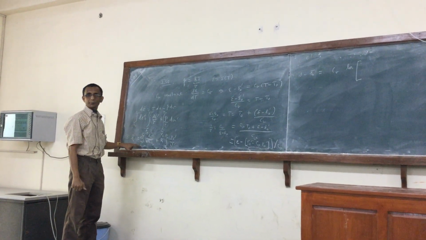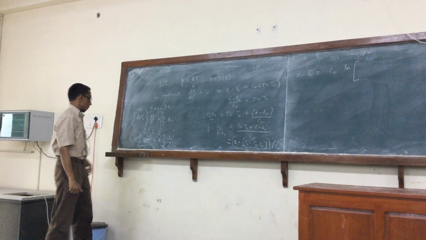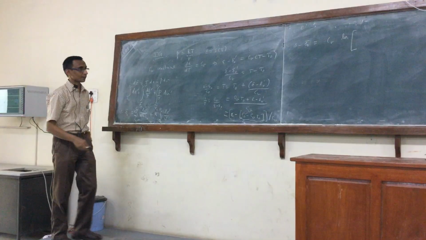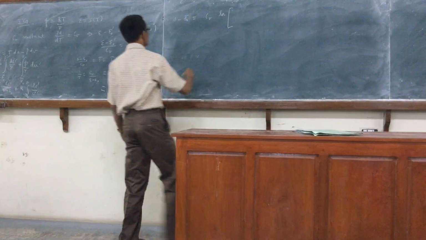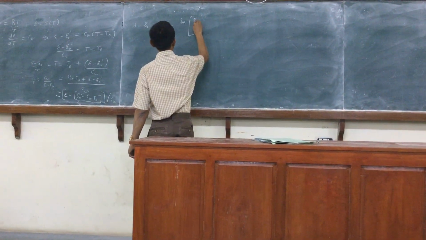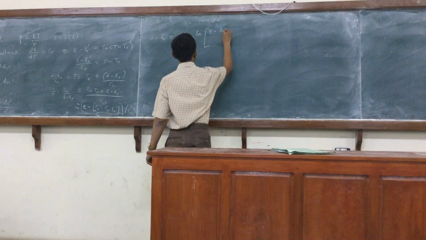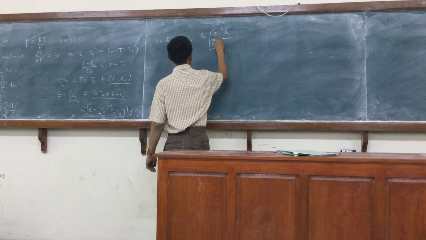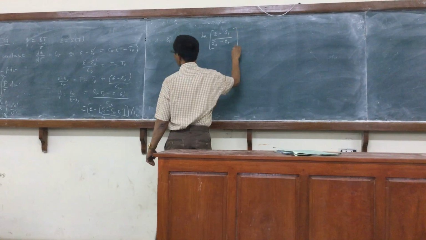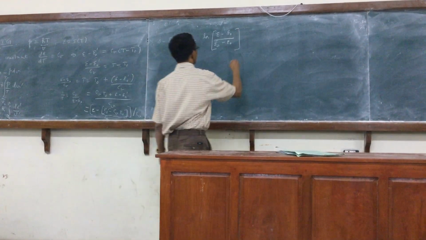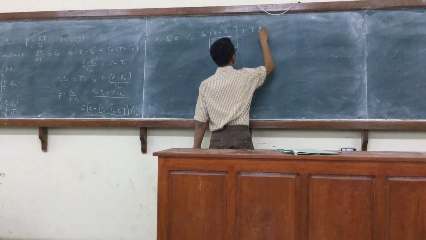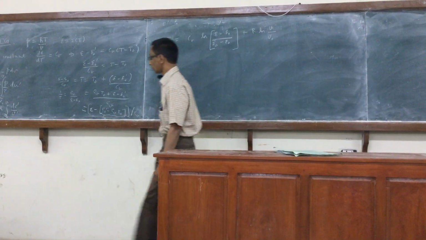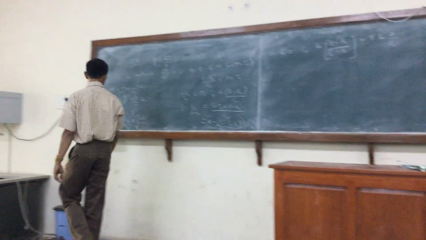So evaluated at epsilon and this is epsilon naught bar, that's different from that, plus R logarithm of V over V naught bar.